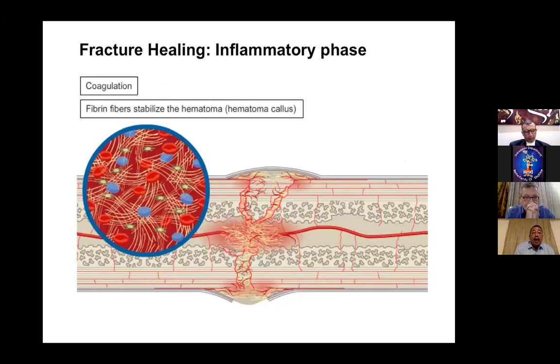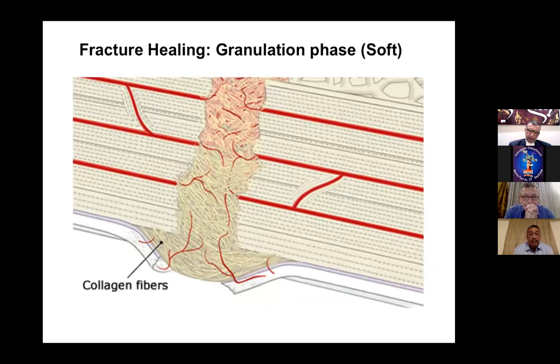The coagulation of the hematoma leads to initial stabilization, and the fibrin fibers that will form will stabilize this hematoma. It is the very early stage of callus formation. It is the organized hematoma.